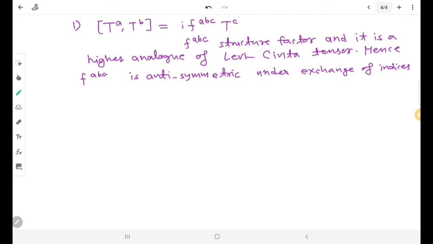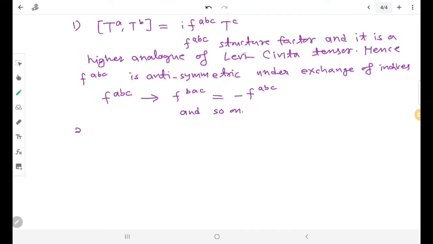This means that if we write A, B, C and exchange A and B, so this is B, A, C, then it comes out to be minus of A, B, C and so on. So this shows just cyclic behavior.